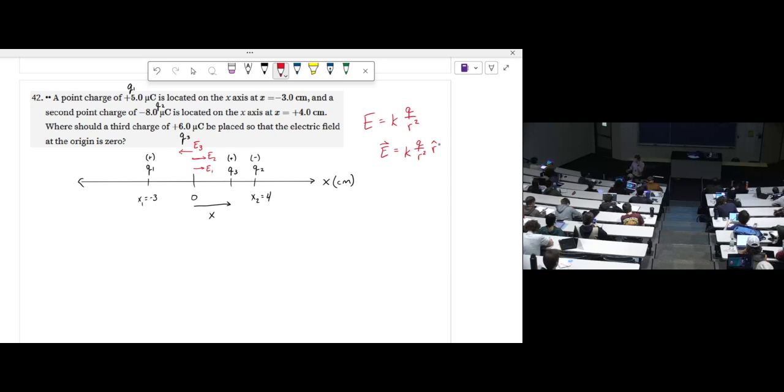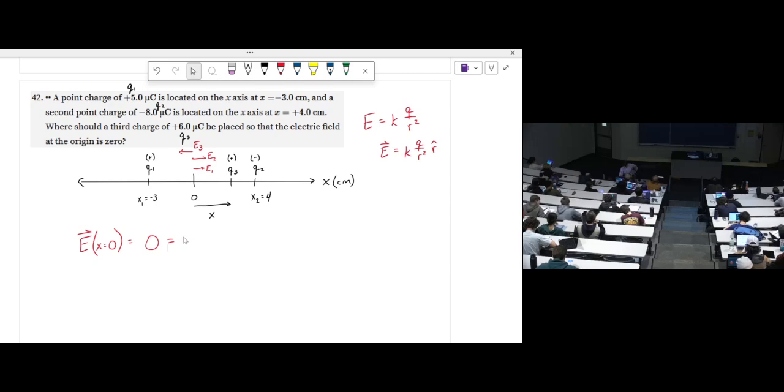Now I go through that to state, okay, we want the electric field at the origin to be 0. Actually, let me write it out this way. The electric field at x equals 0, we want to be equal to 0, right? Well, that would be the sum of the contribution from charges 1, 2, and 3.